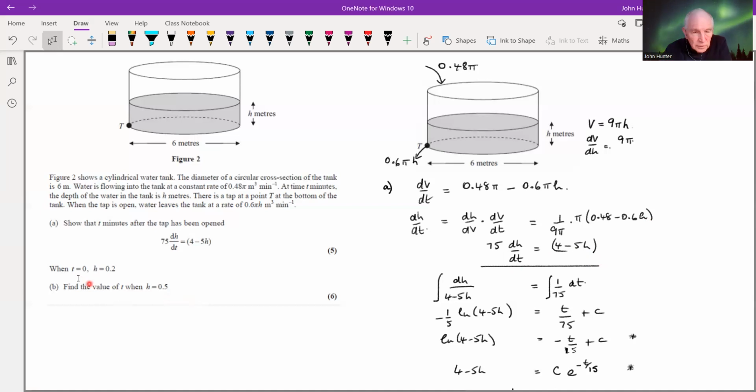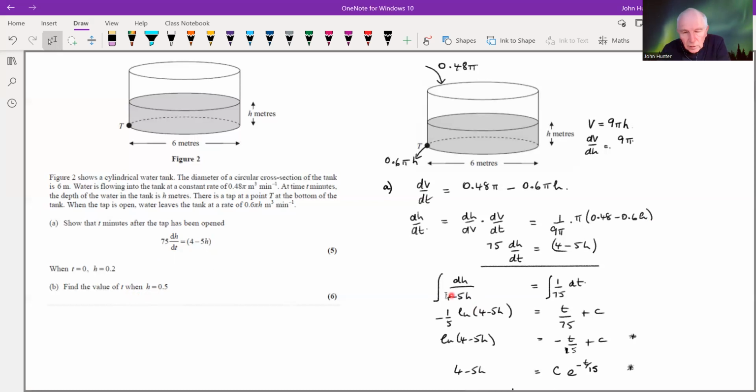Let's have a look. When t equals 0, h equals 0.2 looks like a boundary condition, so I'm suspecting we're going to get some integration to do here. Find the value of t when h equals 0.5. So indeed, we do want a relationship between h and t, which this doesn't actually give us. This just gives us dh/dt with respect to h.